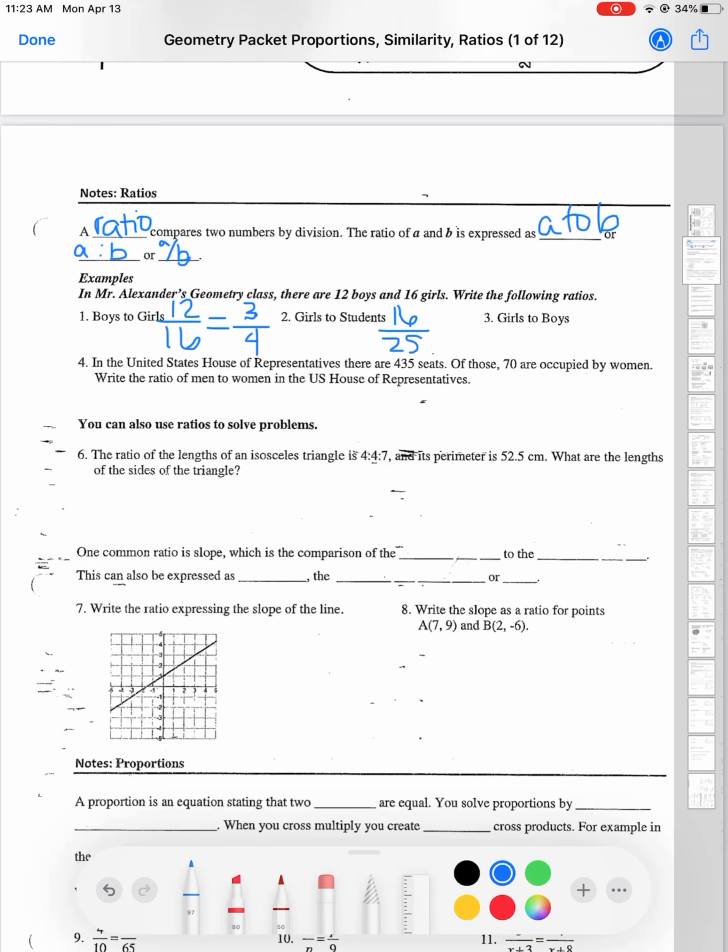Total students would be 12 plus 16, which would be 28. Simplify, both those numbers are divisible by 4. So that'd be 4 over 7. And then girls to boys would be 16 over 12. You could also just flip what we had on number 1, which would be 4 over 3.